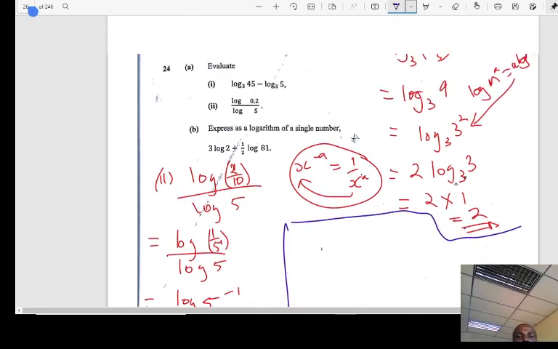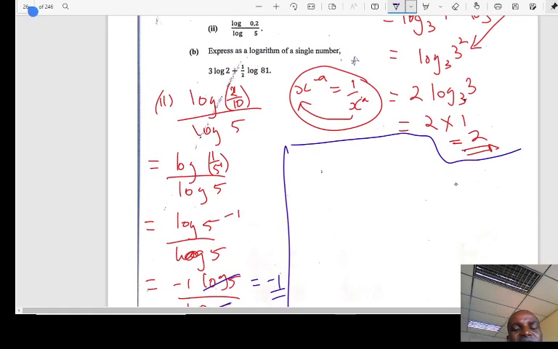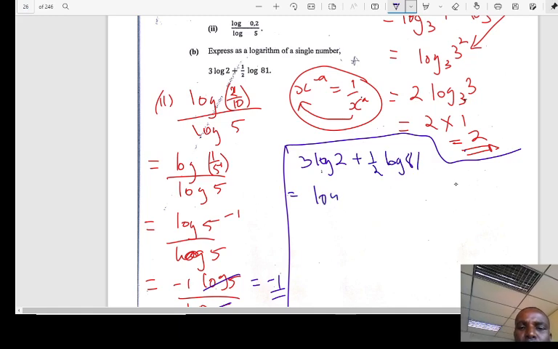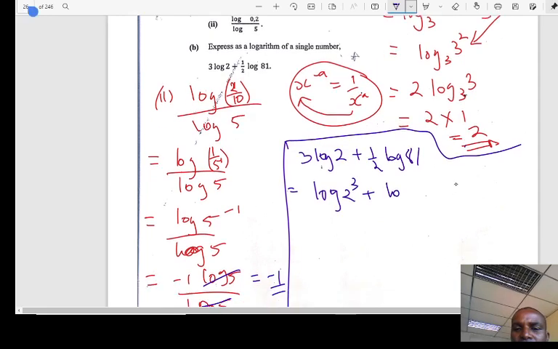Right. Then next, express as a logarithm of a single number. That one is 3 log 2 plus half log 81. So as a single log, you are combining the logarithms. Bring up the power. So it will be log 2 cubed plus log 81 to the power half.